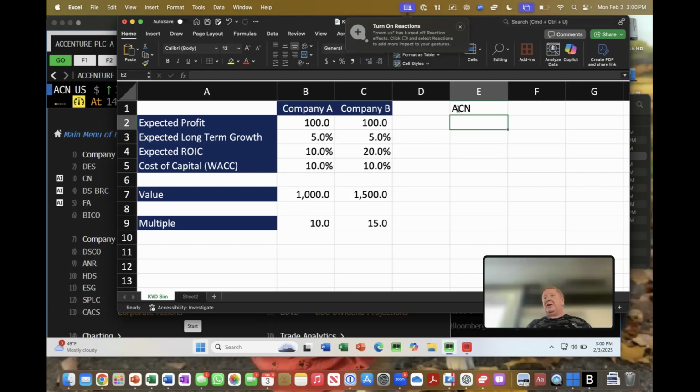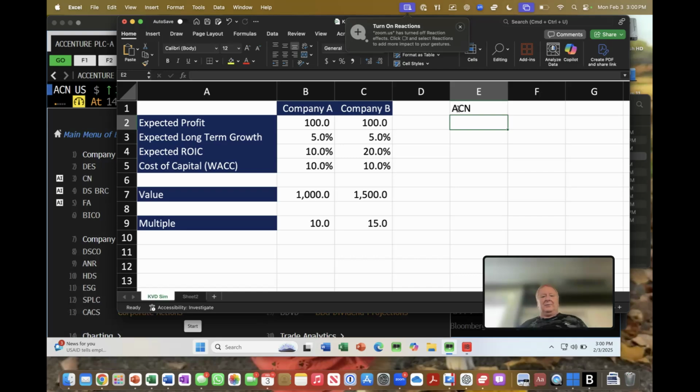Now, if I talk about share price, that's based on net income and earnings per share. So it's the equity value of the firm. So when I say expected profit, if I say NOPAT, what I'm actually saying is the operating profit. If I say net income, I'm just saying the income to shareholders. I can use the exact same formula, though, and do a share price. So when I say expected profit, expected net income.